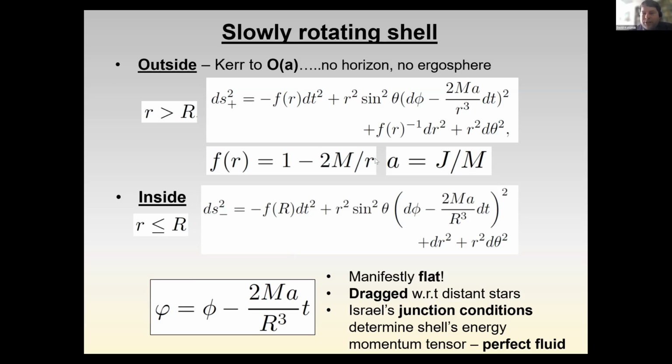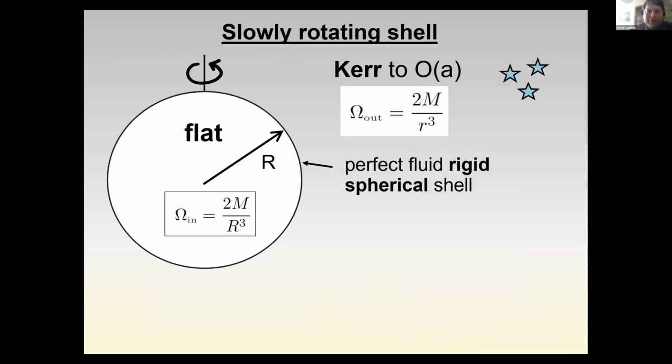Now these two metrics can be matched by using the Israel junction conditions, and you can achieve that by identifying the shell with a perfect fluid. So here is again the picture summary. You have the rotation outside, it's basically Kerr, and the rotation is dying out as you go to distant stars.